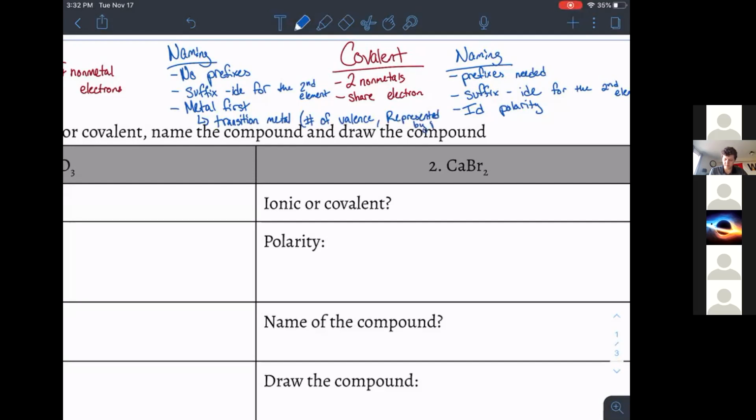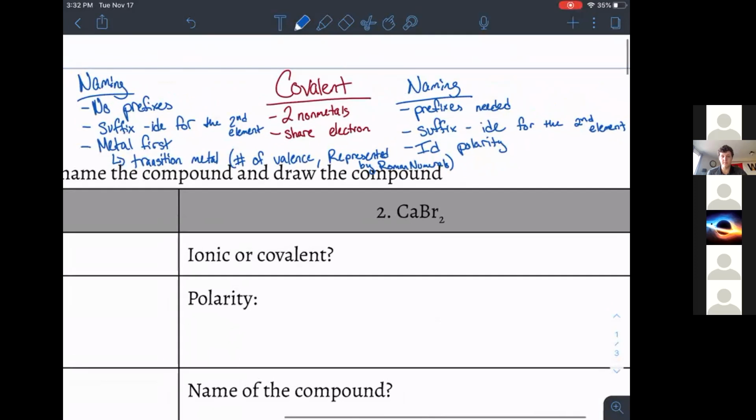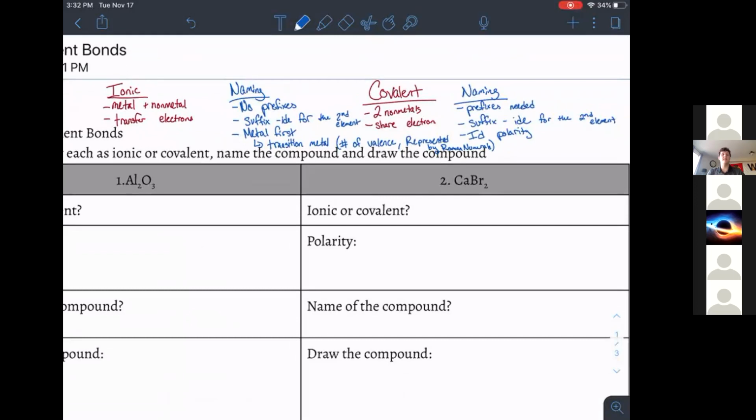Roman numerals. Perfect. All right, I think that's everything that we need to remember in order to name our ionic and covalent, or just in general with our drawing of ionic or covalent, or just identification of ionic versus covalent.